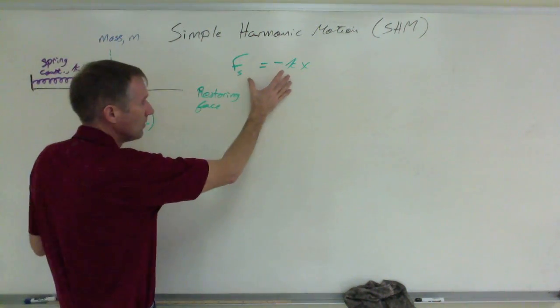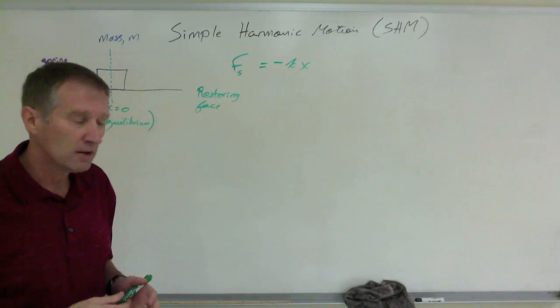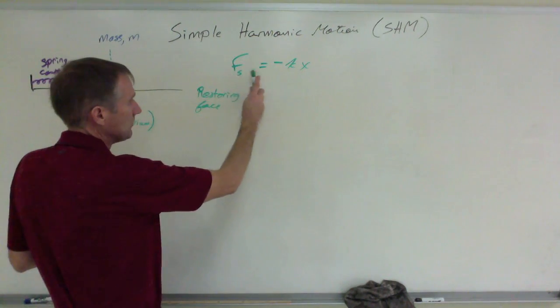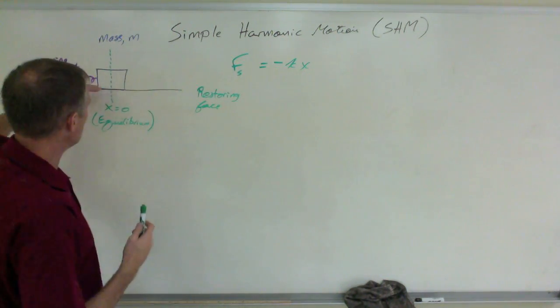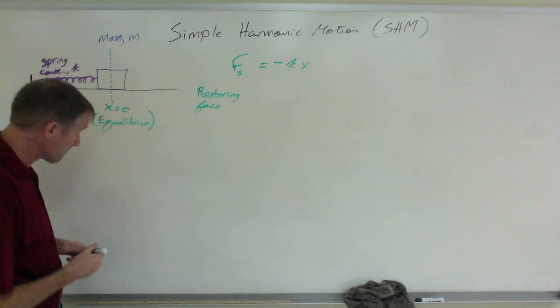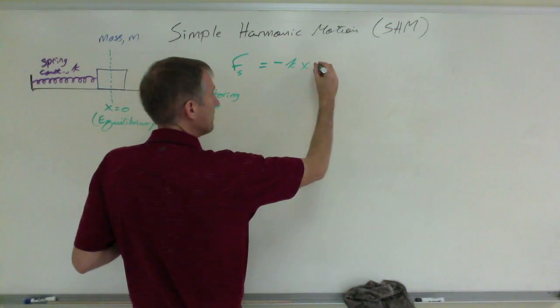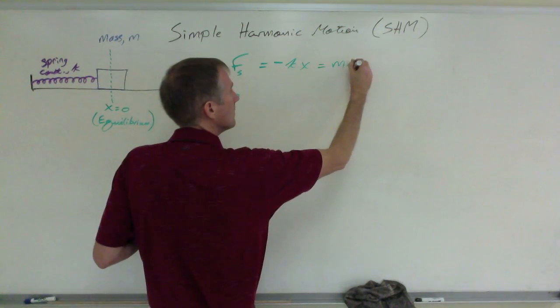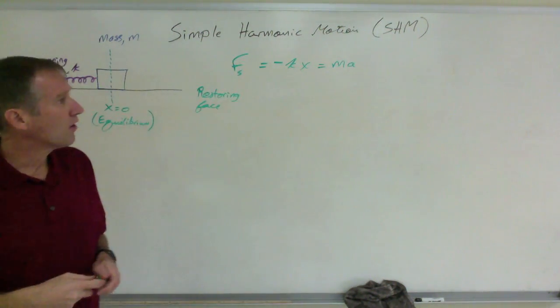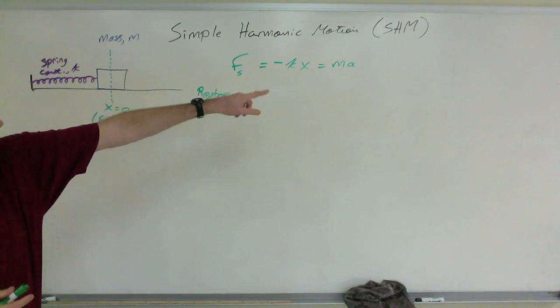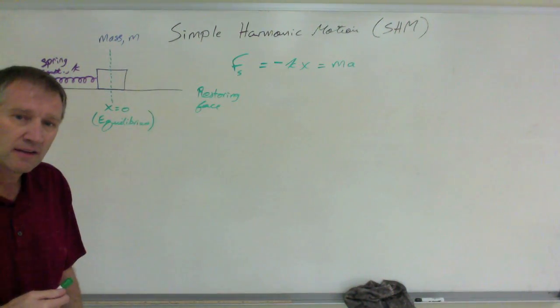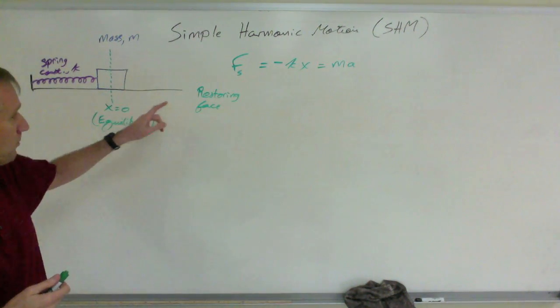So Hooke's law is kind of the governing law for all of this. Now, for something that's horizontal, in the absence of friction, you know that F equals ma. By putting those equal to each other, you can calculate the acceleration of a mass on the spring.